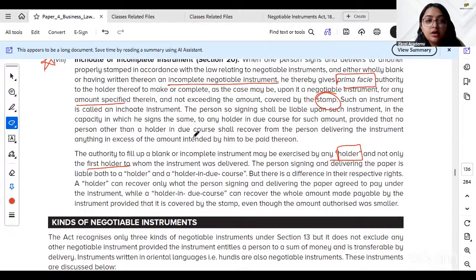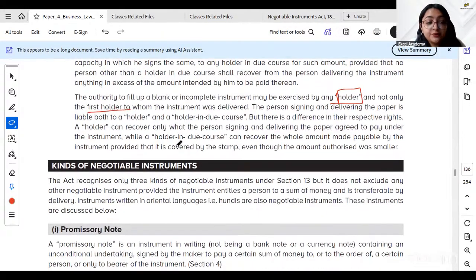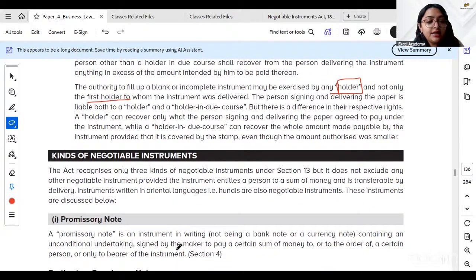All right. So now just allow me a minute before we start off with the next topic, which is our kinds of negotiable instruments.